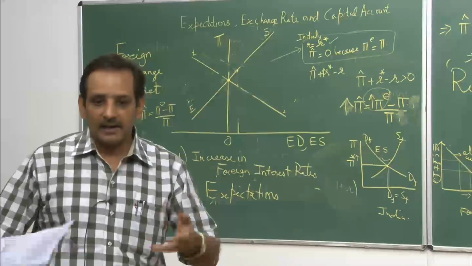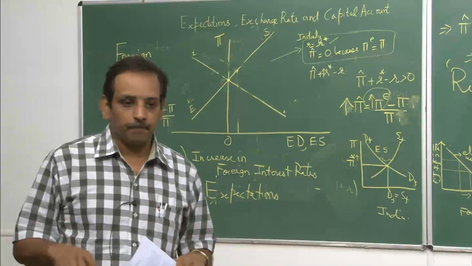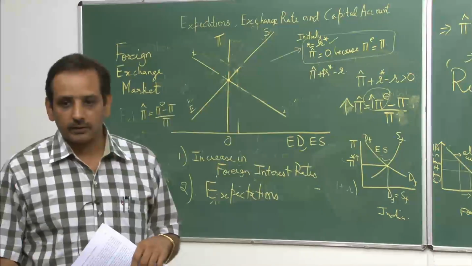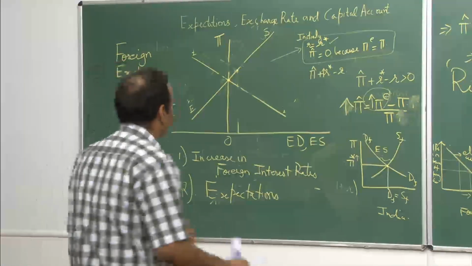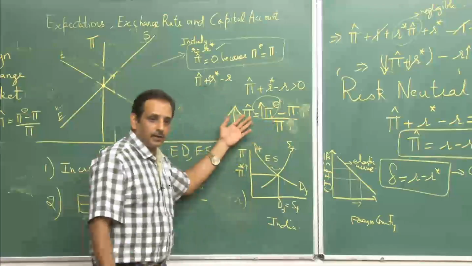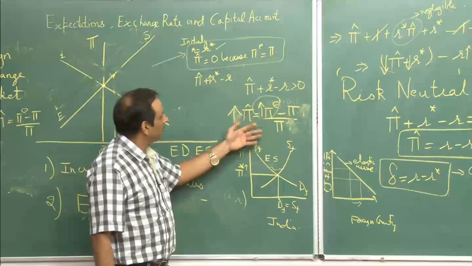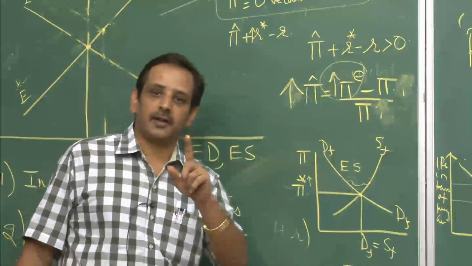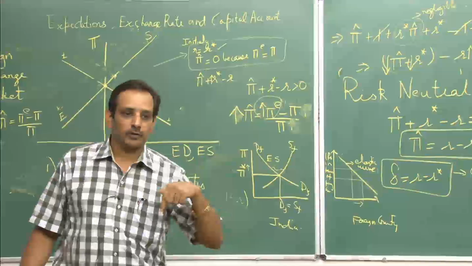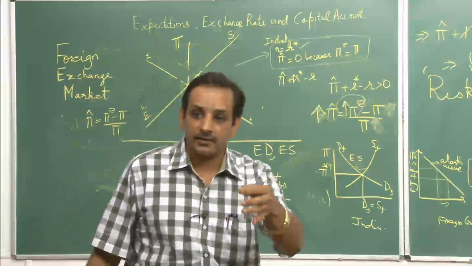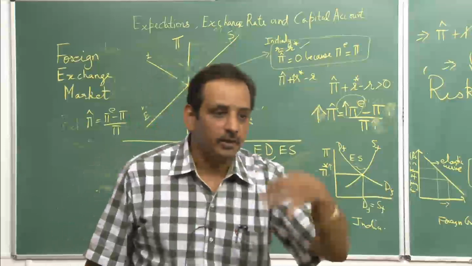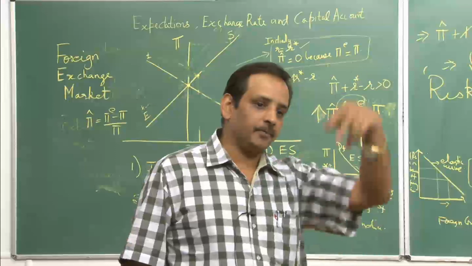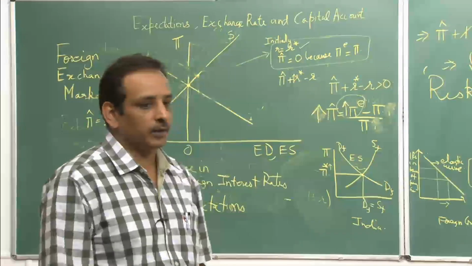So, they felt that probably in future they would see a depreciation of the currency, and that builds up in this interest differential. The speculators start thinking, in future our currency would depreciate, foreign currency would appreciate, let us start putting the money in foreign bonds today, and that leads to the depreciation of the currency.